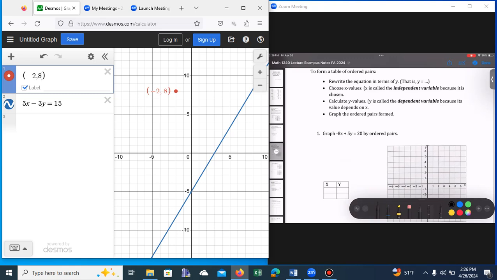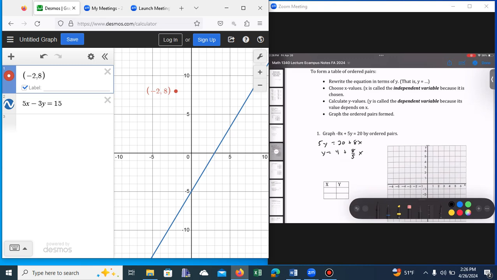When you do rewrite the equation in terms of y, we'll add over the x, divide by 5. It gives you a setup where y is dependent on x, and that's why y is the dependent variable and x is your independent variable.